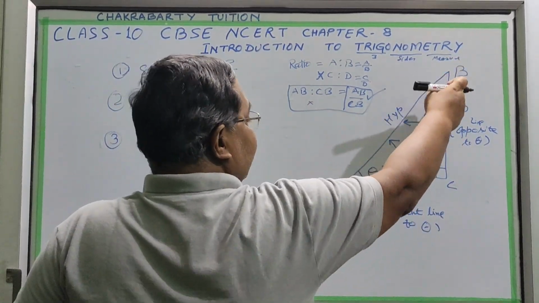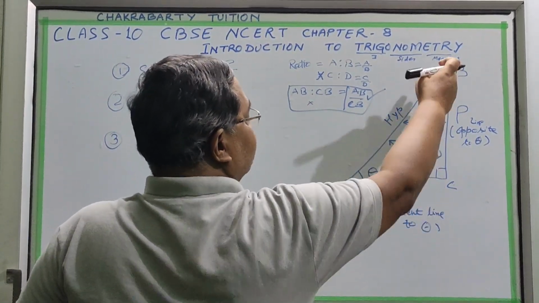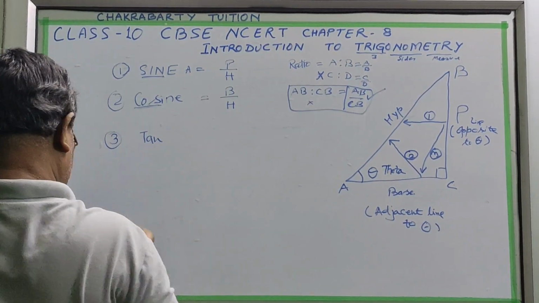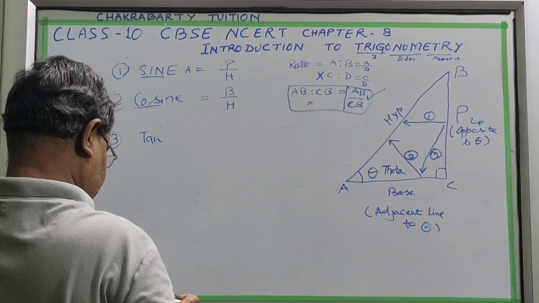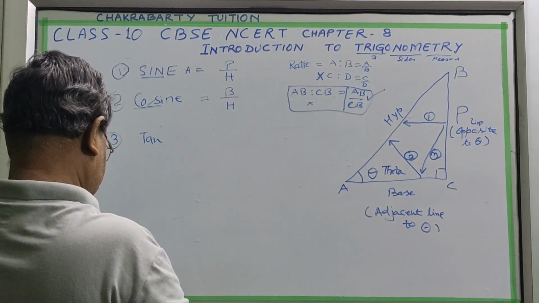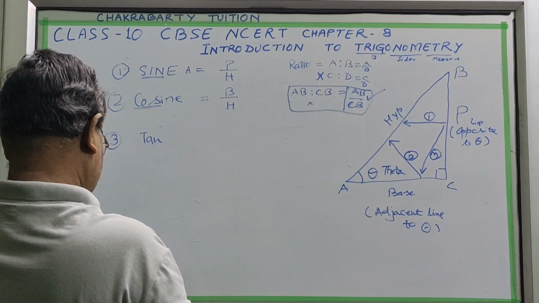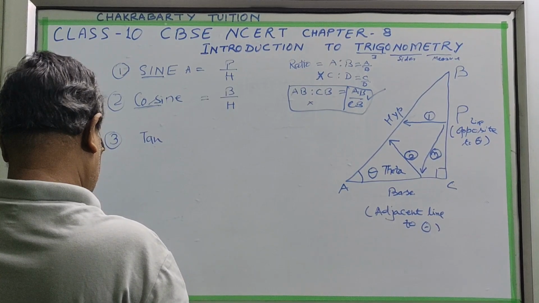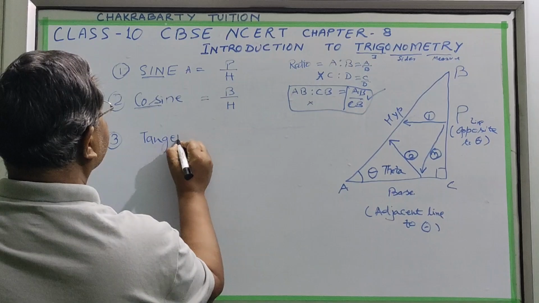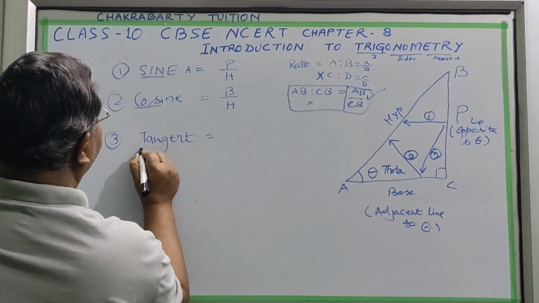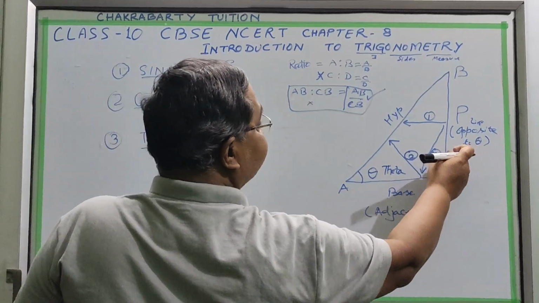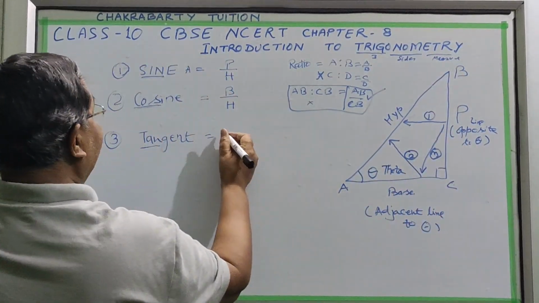It is a line tangent to these two, touching these two lines, so we call it tan.